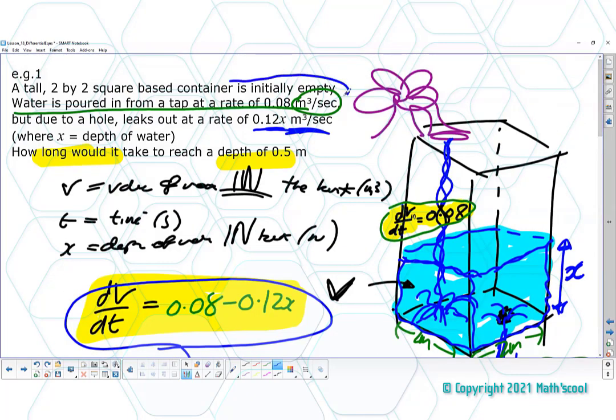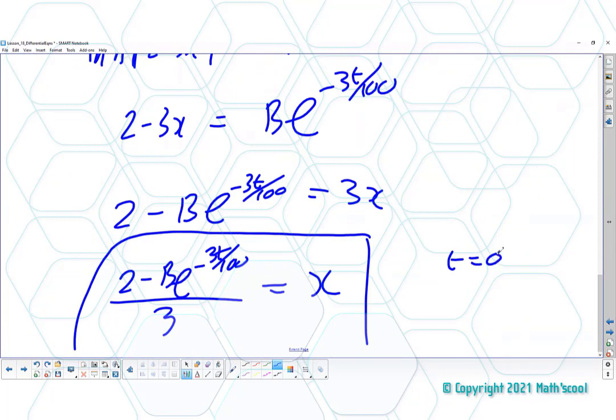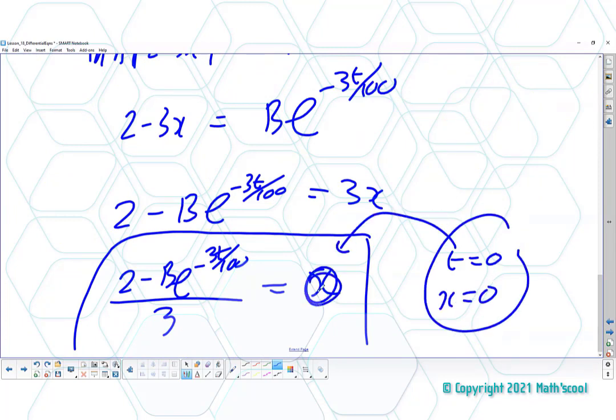It's initially empty. That means t is 0, x is 0. Slam that into the equation, x is 0, t is 0, and it gives you 0 equals 2 minus b, so b's got to be 2.